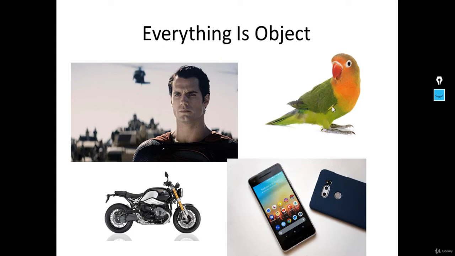In the case of parrots, they can have different attributes, like one has big eyes and one is fat compared to another. But the singing and dancing, which are the behavior of the parrot, can be the same between these two parrots.